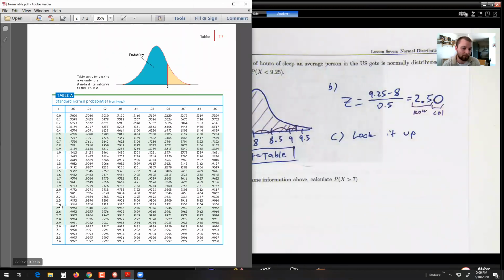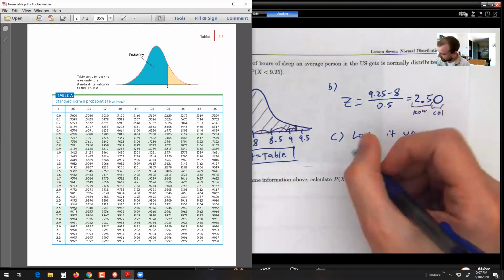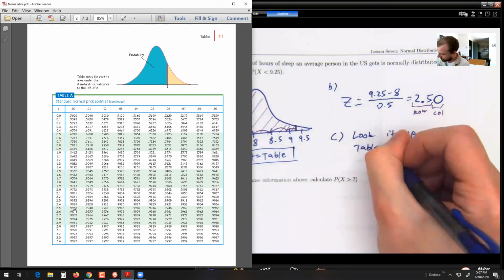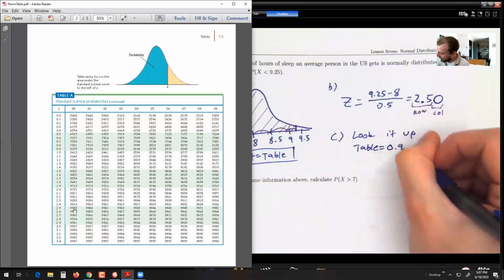I'm trying to stay positive, super corny. The 2.5 meets the 0 right here at 0.9938. So my table value is 0.9938.